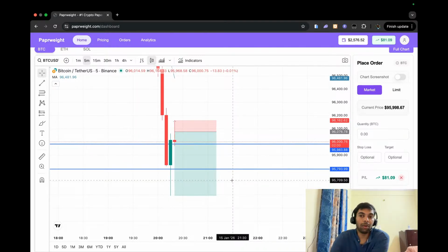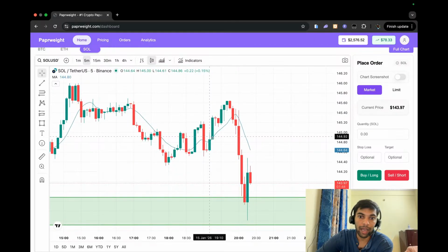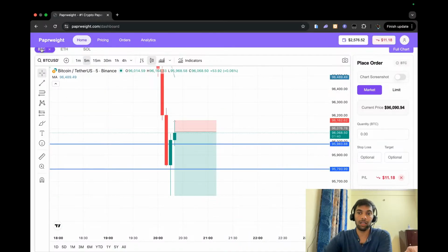What I'm thinking is that the market will definitely test its lower extreme again. What I'm worried about is this buying zone, because this is what Solana is protecting right now, but Bitcoin is extremely bearish.